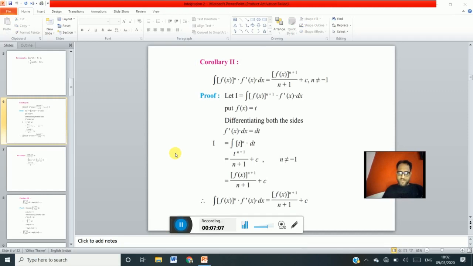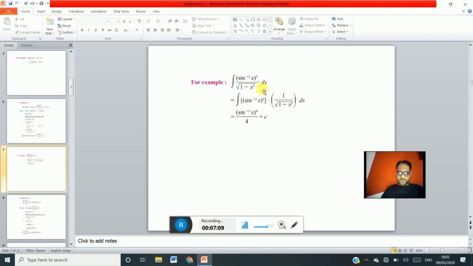See the example on that: integration of sin inverse x cube upon root 1 minus x square dx. So that is the integration of sin inverse x to the power 3 into 1 upon root 1 minus x square dx. This is written like this, right? These both are the same term, but 1 upon root 1 minus x square is written separately here.